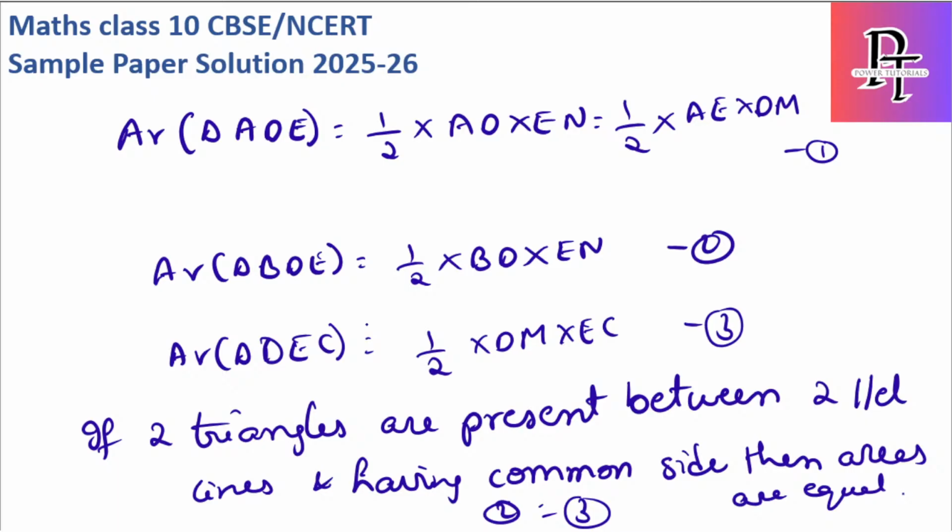Now, because these two are the same and these two are also the same, this ratio by this ratio should be equal to this ratio by this ratio.